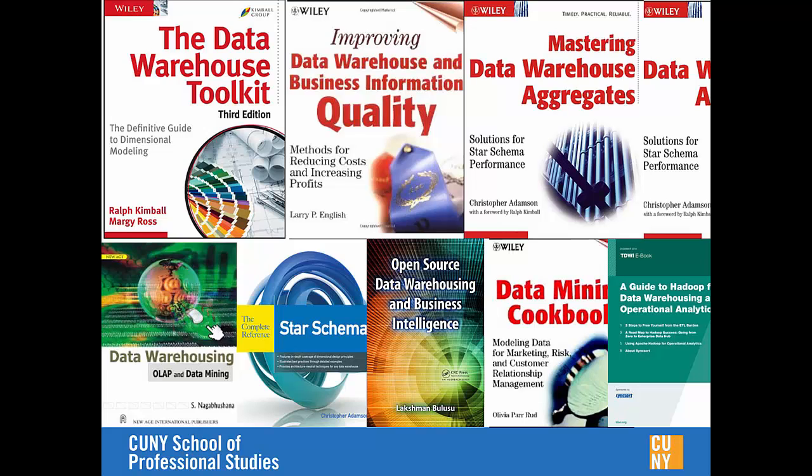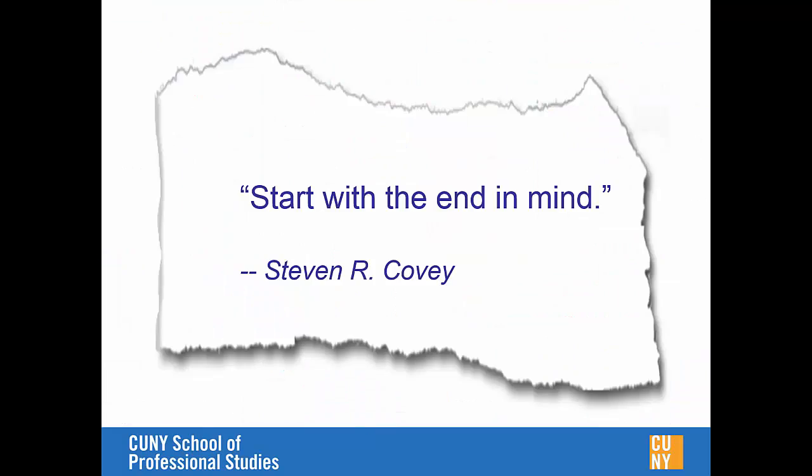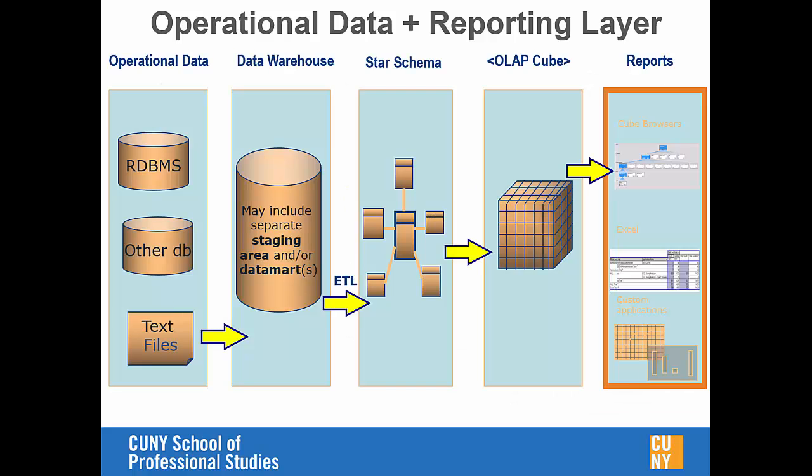The field of data warehousing is complex. There are hundreds of books written on it, and I want to start by keeping it simple and starting with the end in mind. In this case, the end is the reports that we want to get out. We are moving from being able to create databases and select information from them to being able to report on databases with Excel and then with Tableau.